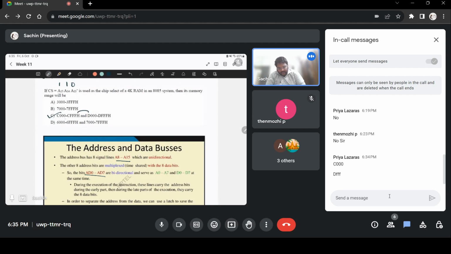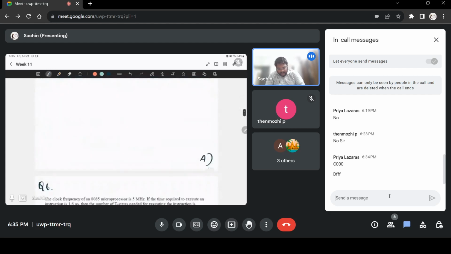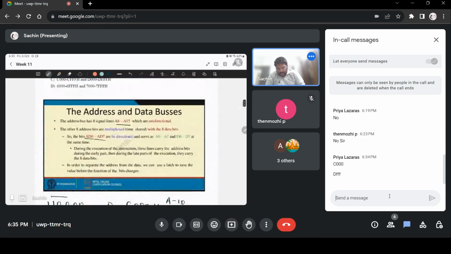So you could say it goes from C000 to DFFF, but that's also the same as saying it goes from C000 to CFFF and then D000 to DFFF. Okay, so it's option C. If you have any doubts, please stop me and ask. Alright.